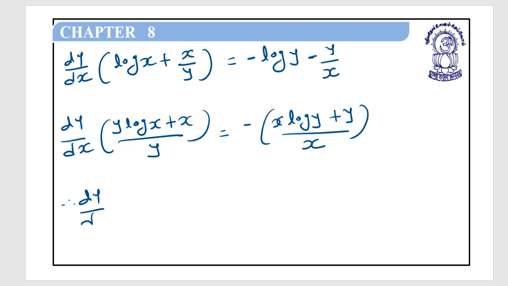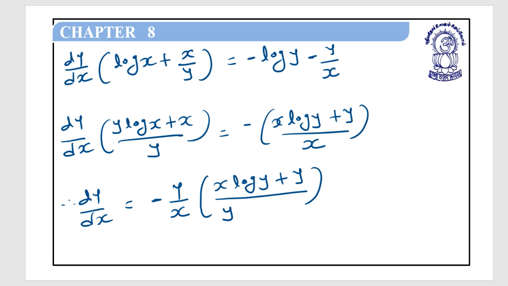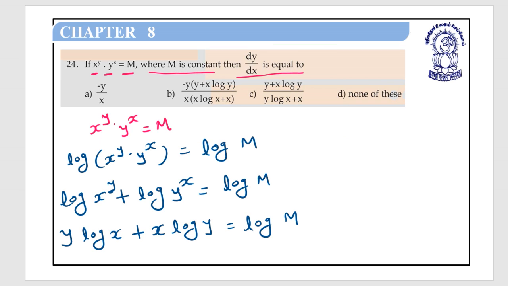So dy by dx is equal to minus sign y by x log y plus y upon y log x plus x. Okay, so check the answers. Minus y by x log y plus y upon y log x plus x.